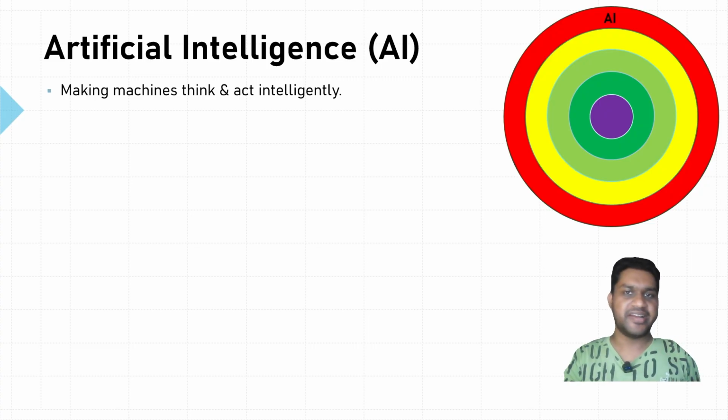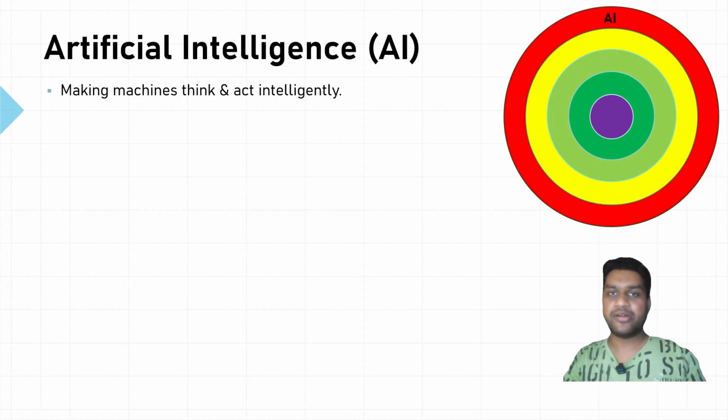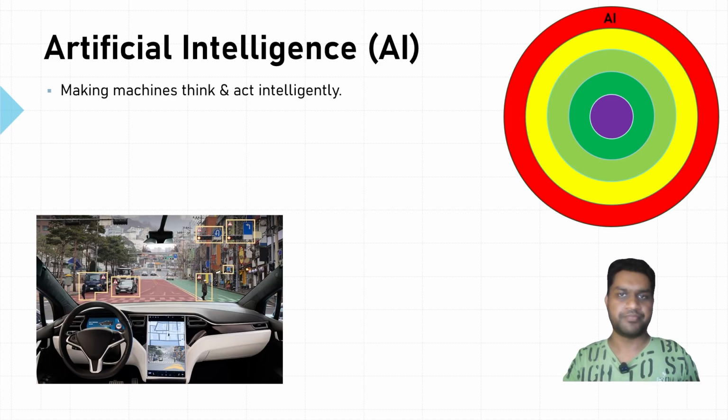So, as I said, what we are trying to do here is make machines intelligent so that they can analyze the surroundings, take some kind of decision as per that, and also implement the same. One of the examples is Tesla. As you know, Tesla is a self-driving car. It has some sensors enabled, and with the help of these sensors, it can analyze various images of its surroundings.